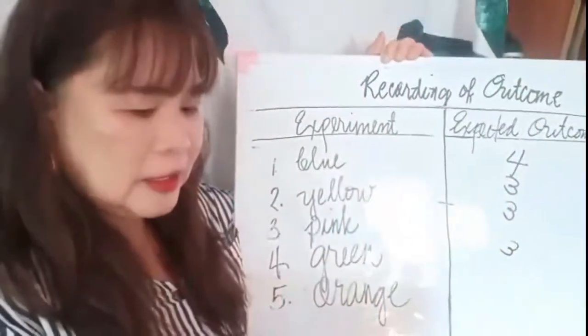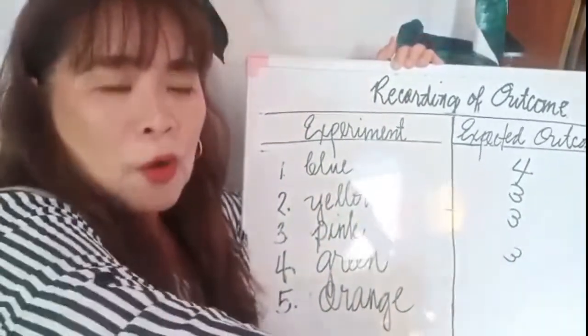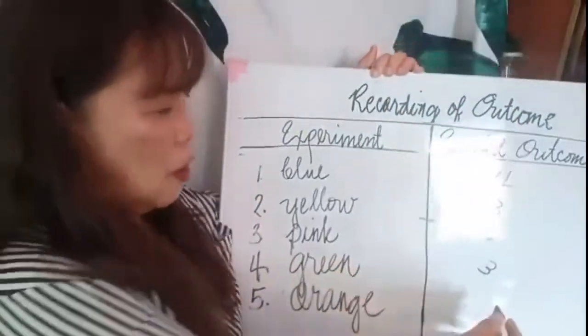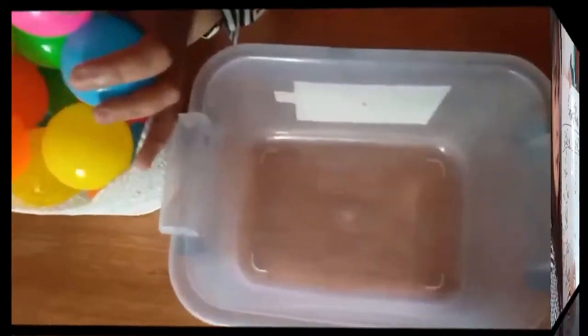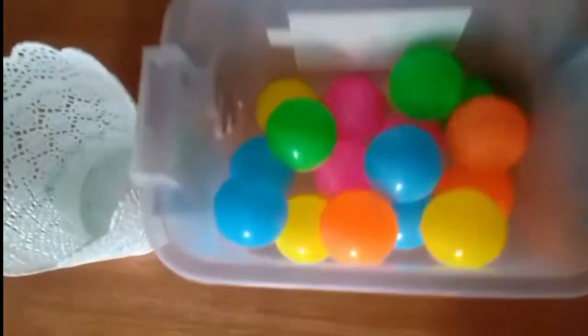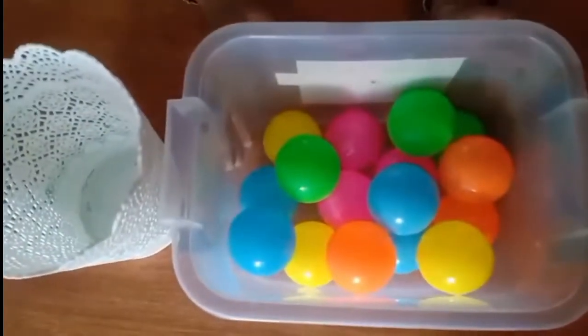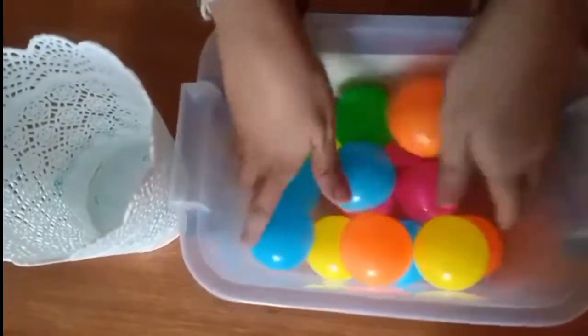And the last one, the orange balls, we have 1, 2, 3. So there are also 3 orange balls. So that is the expected outcome. So we are going to pour it back here in the storage box, and then we are going to mix it.